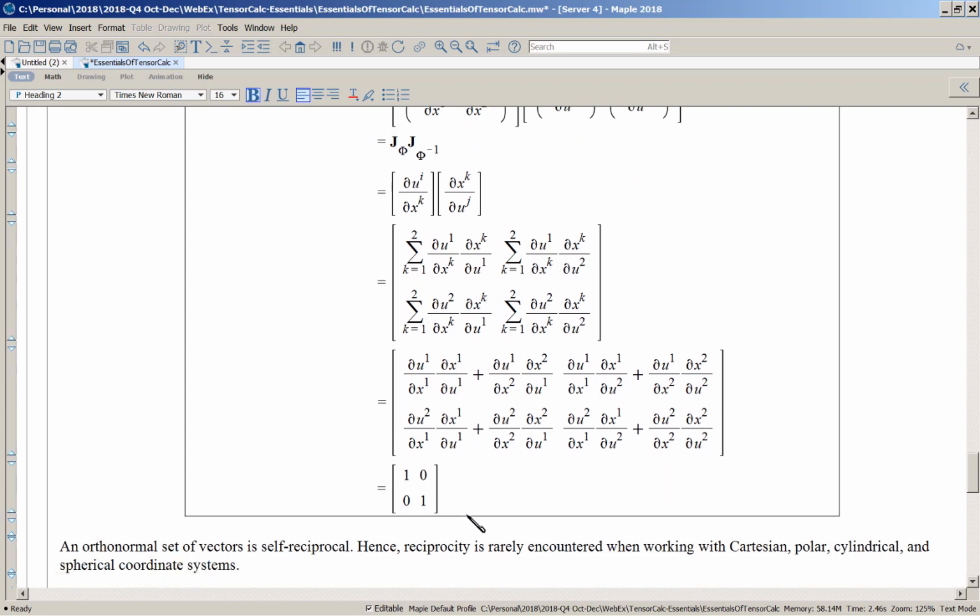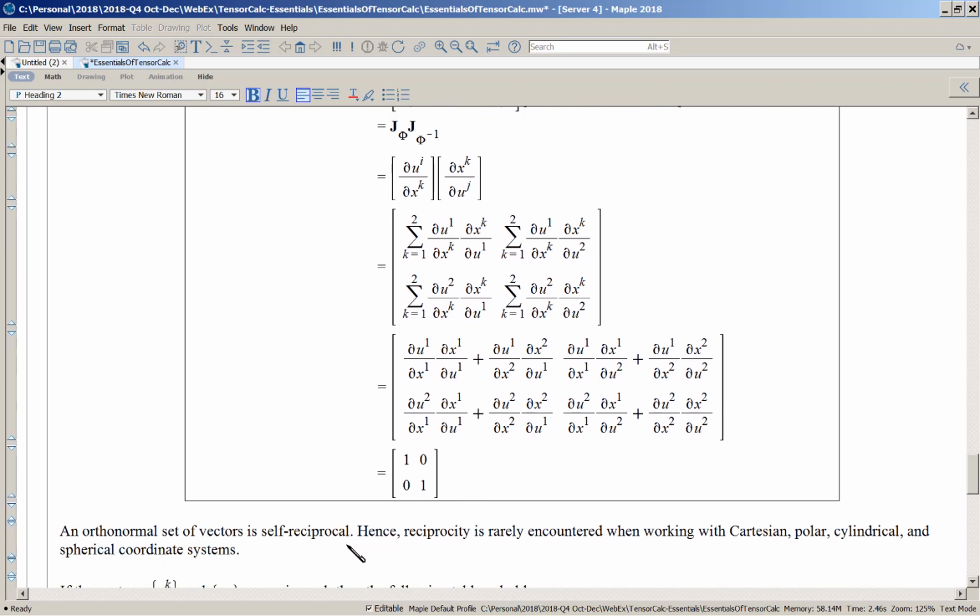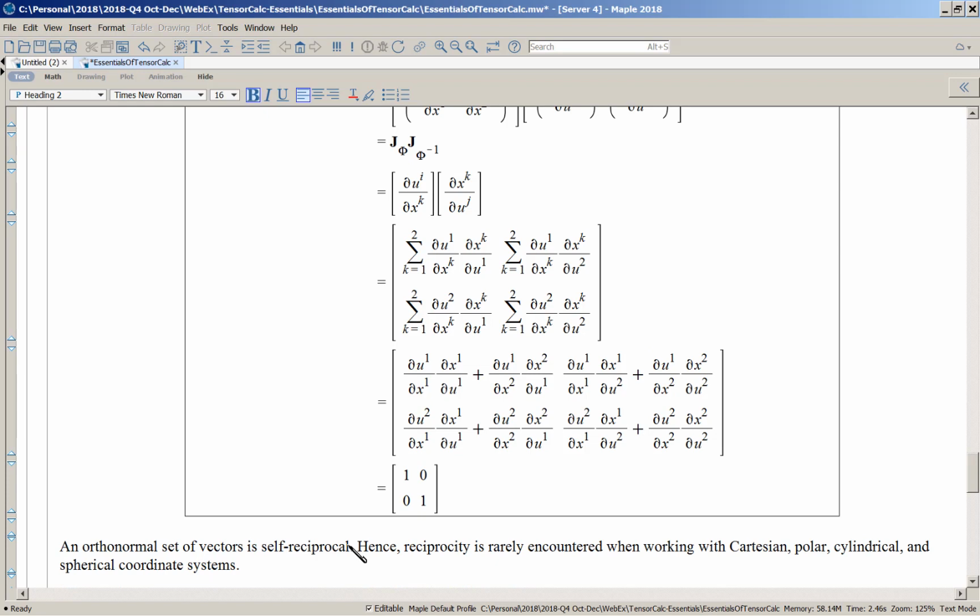They have this property. Now, so far if you've done Calc 1, 2, 3, you have probably not seen anything except orthonormal systems of coordinates: polar, cylindrical, spherical, Cartesian.